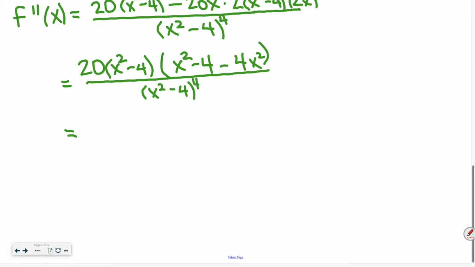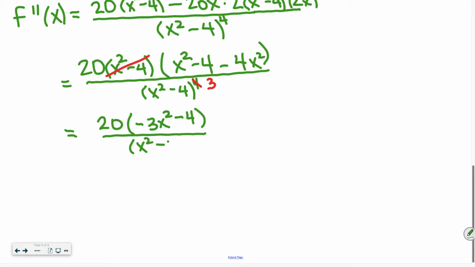So why was that nice? This guy cancels out with one of these. And we're left with 20 times negative 3x squared minus 1 all over x squared. You can leave it like this, or you can have negative 60x squared minus 80.